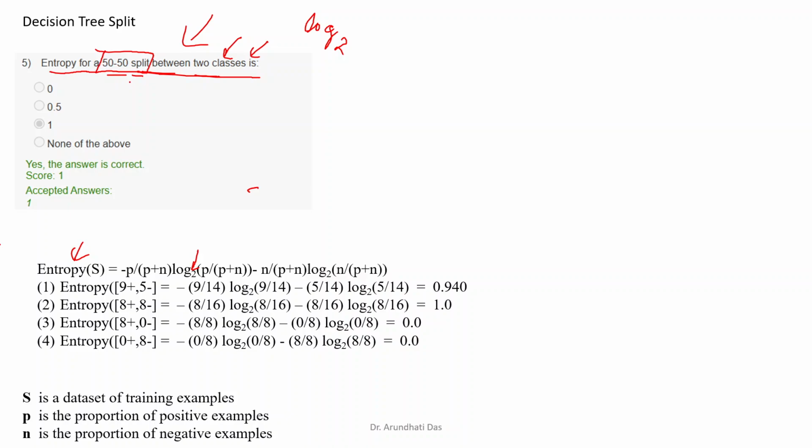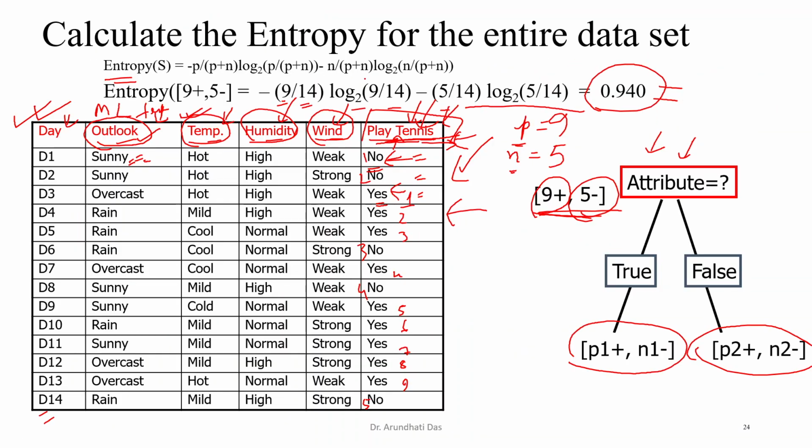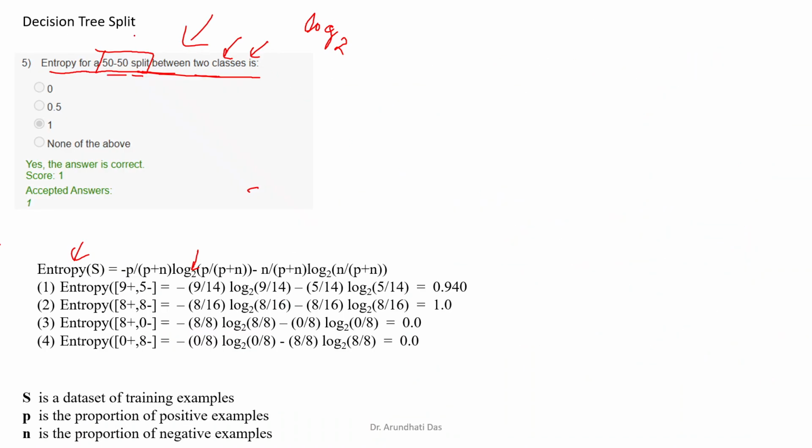So what is a 50-50 split? Let's go back to our example: was it a 50-50 split in this particular example? No. A 50-50 split means that, out of those 2 classes, whatever the number of samples, 50% of them should be positive and the other 50% should be negative.